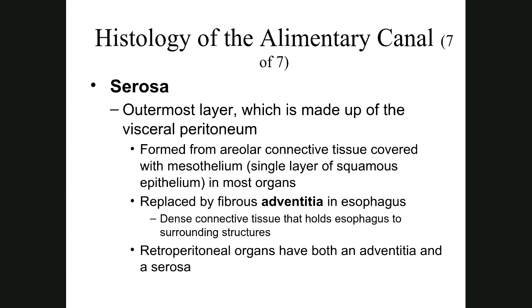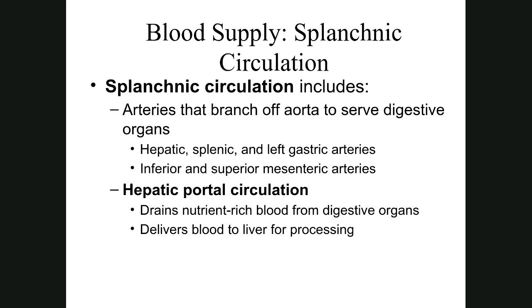If you remember, we have the hepatic, the splenic, the left gastric artery, the inferior and superior mesenteric arteries, and that's the splanchnic circulation. We also have the hepatic portal circulation that drains blood rich in nutrients from the digestive organs and delivers it to the liver for processing. Then after that, it goes into the general circulation.